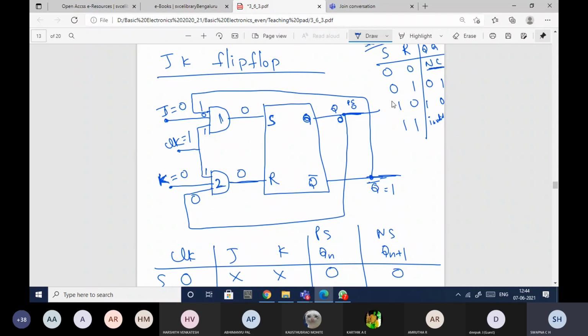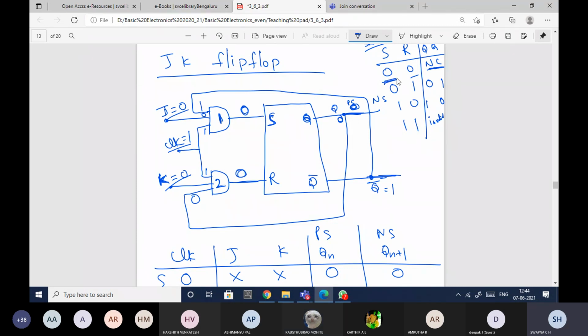So 0, 0. If S value is 0 and R value is 0, what is the next state? When clock is equal to 1, J is equal to 0 and K is equal to 0, and the present state is 0, the output of the first gate is 0 and the output of the second gate is 0.